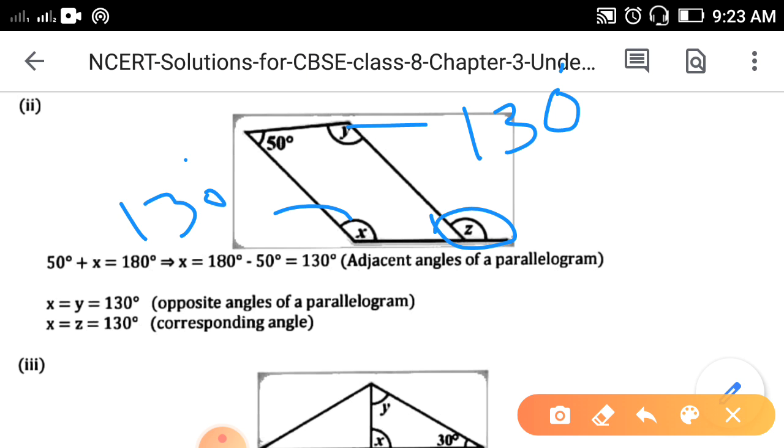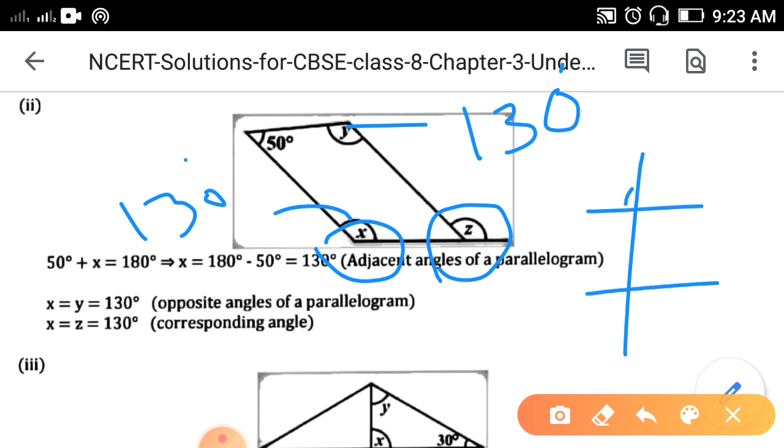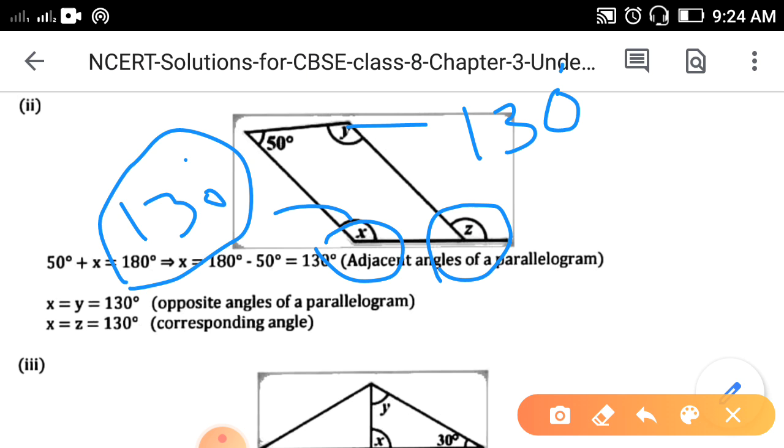So what is the value of z? This x and z both are corresponding angles. You can remember the figure that for transversal lines, corresponding angles are the same. That concept you have to use here. So x and z both are corresponding angles, so both are equal. If x is equal to 130, then z is also equal to 130 degrees.